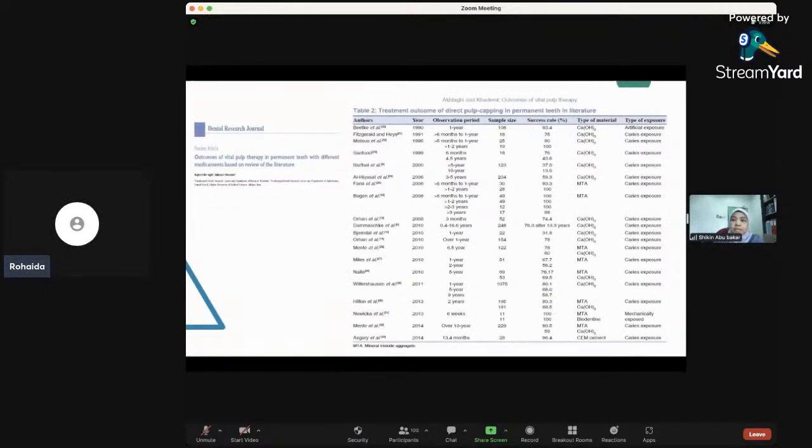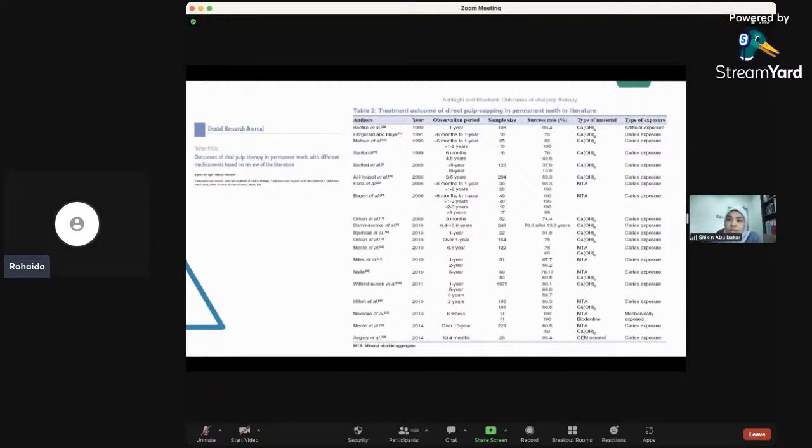Okay, this is a systematic review done in 2015, if I'm not mistaken. You see the treatment outcome of DPT in permanent teeth. In here, they don't mention whether it is open apex or closed apex, but within 5 years we have a good outcome.